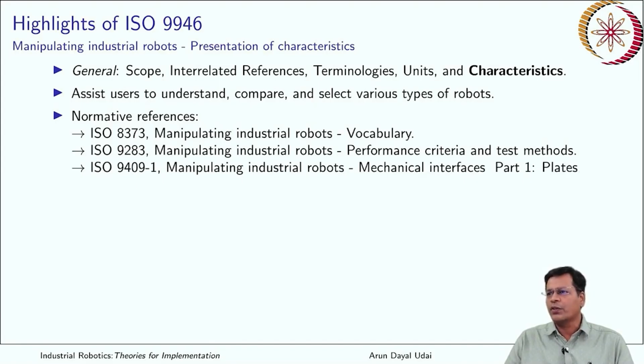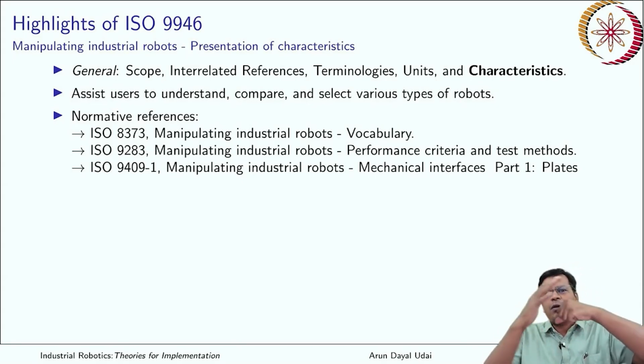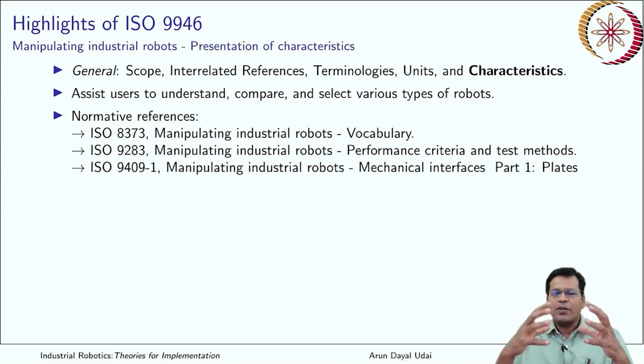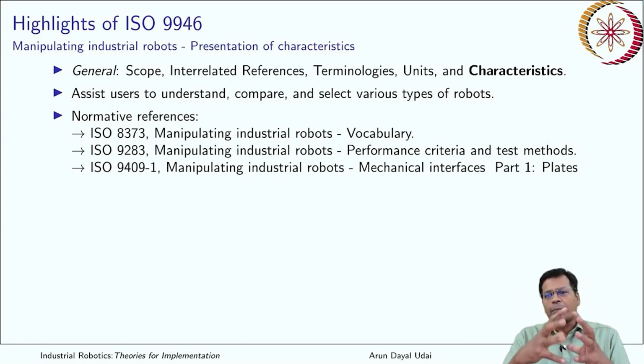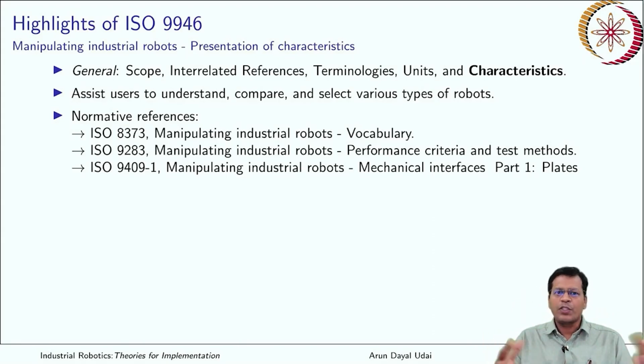So ISO 9409 is for manipulating industrial robot mechanical interfaces. Let's say this robot has a flange and now I want to fit a gripper on top of it. That gripper should fit on top of your end effector flange. So both the flanges should have the same dimension so that you can fit different grippers on top of it without any failure, without any subsequent modification of your finger or gripper.